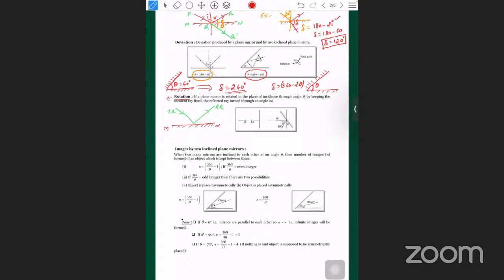Now I'm going to tilt the mirror by an angle theta. The mirror is rotated by what angle? Theta. Then please remember, this reflected ray is going to shift to a new position, and the angle is 2 theta. If the mirror is rotated by an angle theta, the reflected ray will rotate by what angle?